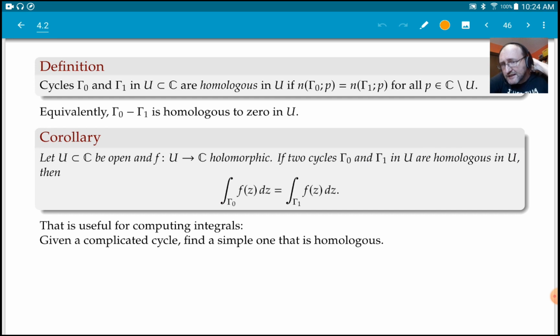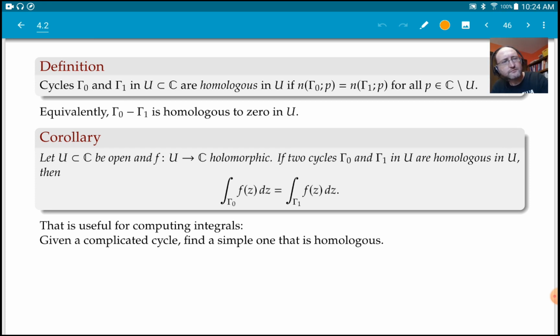So where is this useful? It's useful if you're computing an integral over some complicated cycle. You can make a simpler cycle that is homologous. You just have to figure out that it is homologous, and then you can compute your integral against this simpler cycle, where you might actually be able to compute it explicitly.